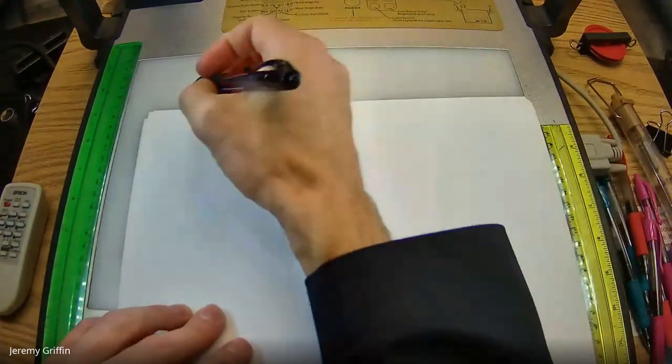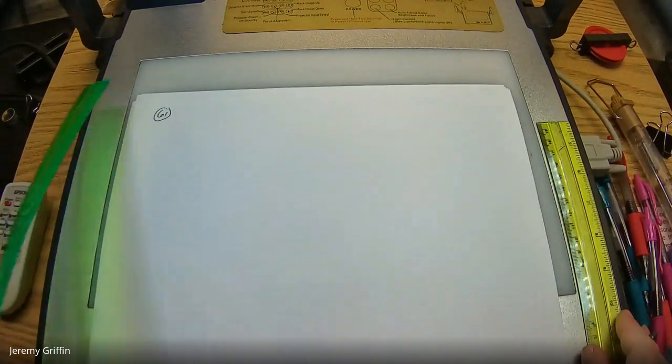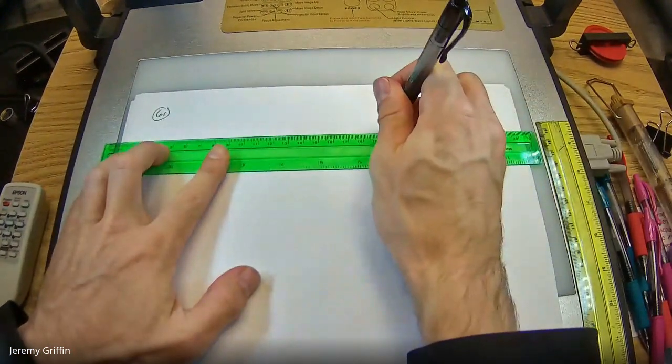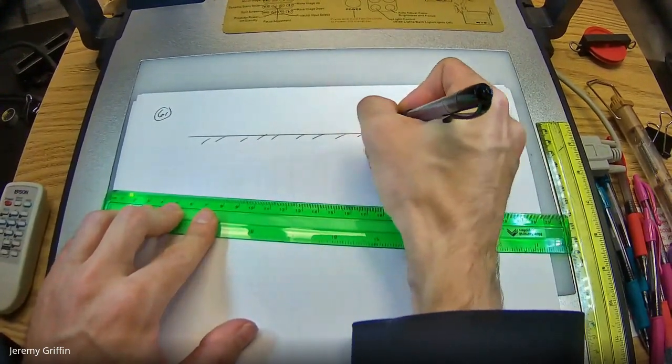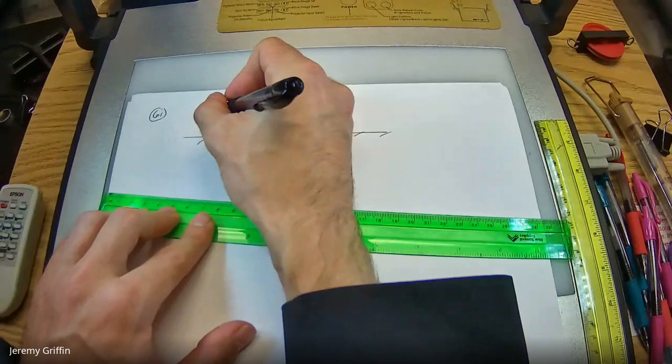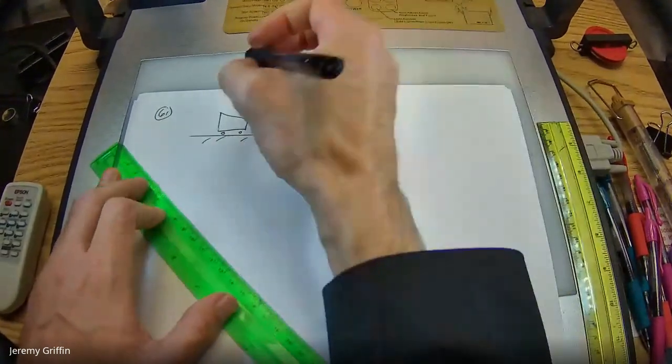This is number 61. Right. I think I want a whole picture with this one. There. So we got the ground right here. Let's get ourselves a cart. Some little cart wheels.